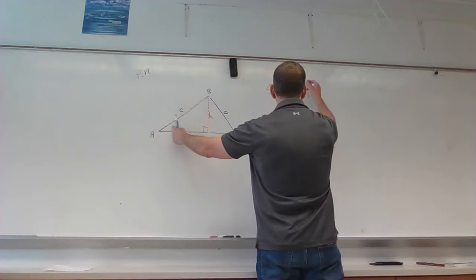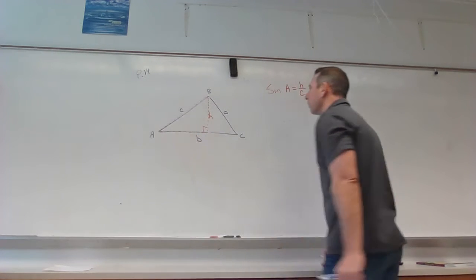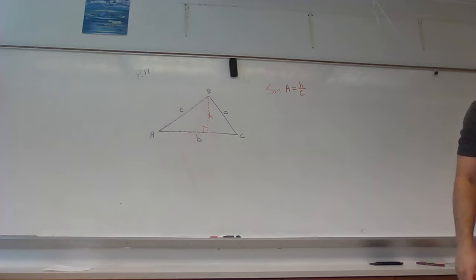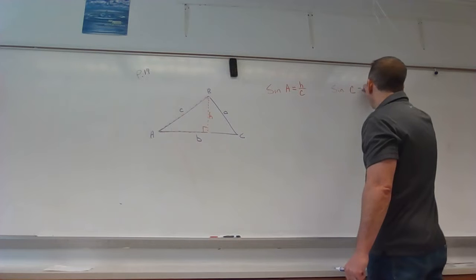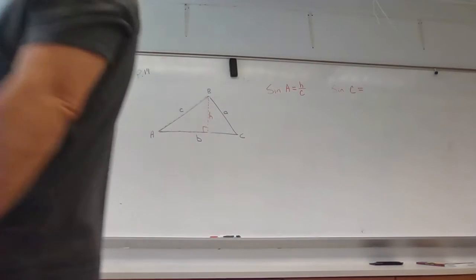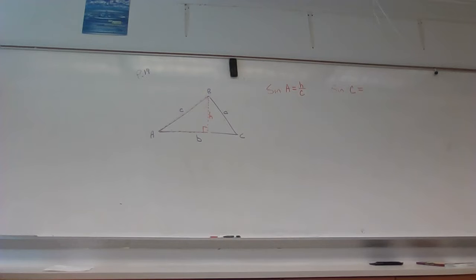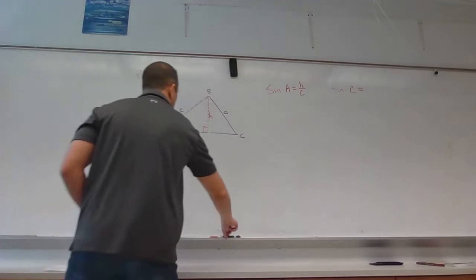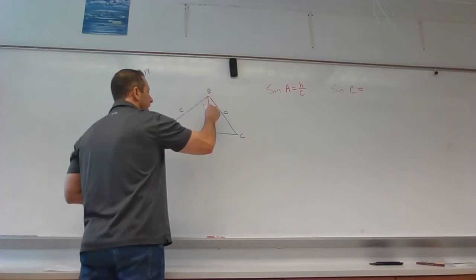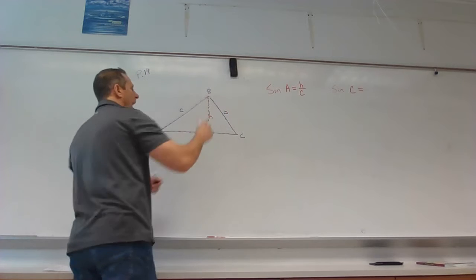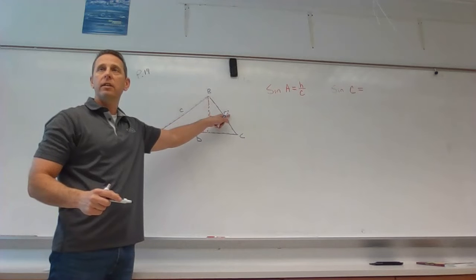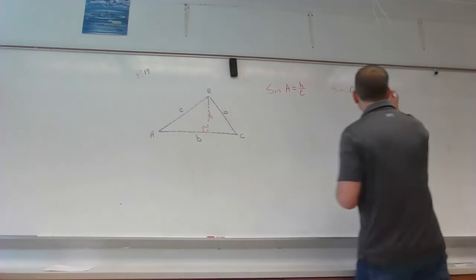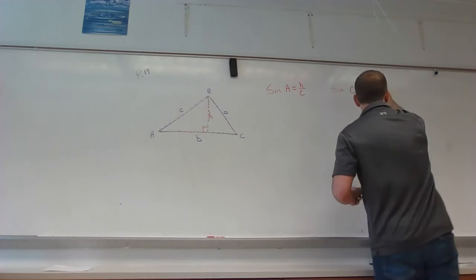Sine of angle A in the right triangle is H over C. What is sine of angle C? Now I've got another right triangle over here. Yes, we're using this triangle. Opposite of angle C is H, and the hypotenuse is A. So sine of angle C is H over A.